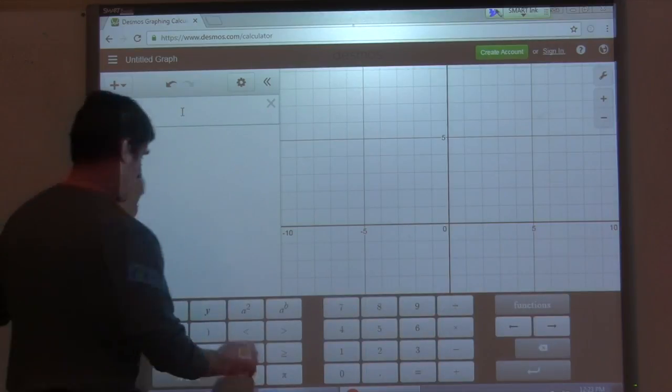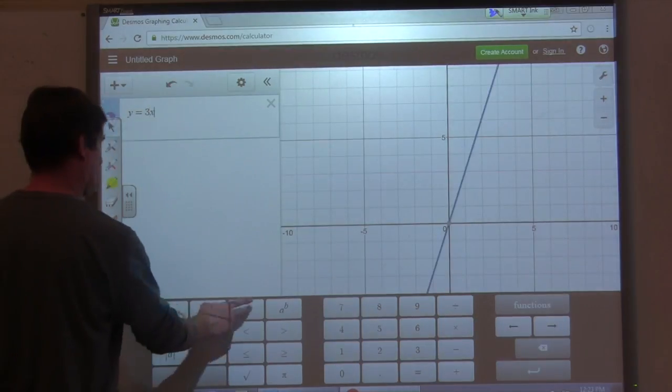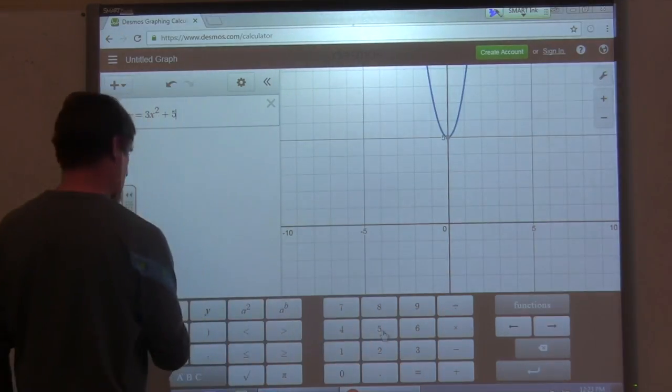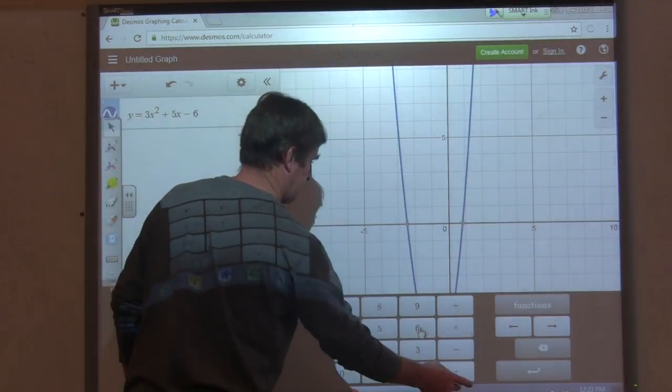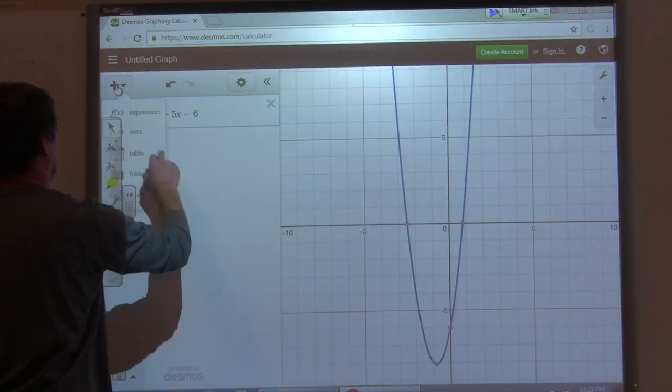So I'm going to go and just make up a problem. Y equals 3x squared plus 5x minus 6. And then I'm going to plug in another expression.